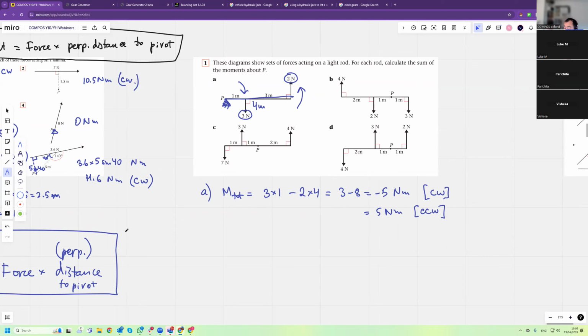In this case, for simplicity, we say it's either clockwise or anti-clockwise. So clockwise is positive and anti-clockwise is negative. So overall, we have a positive moment of 3 times 1, which is 3, and a negative moment of 2 times 4.